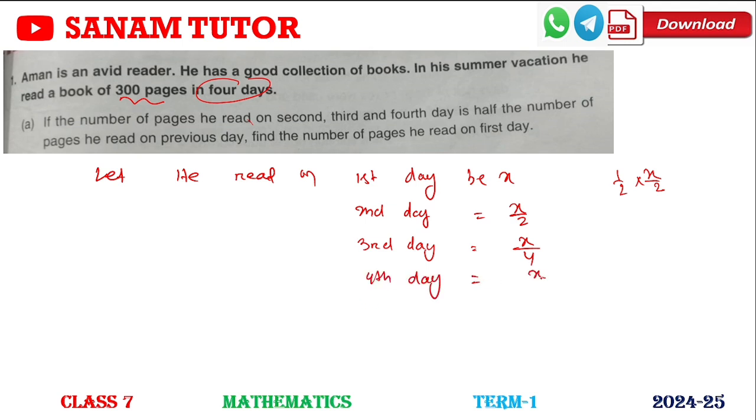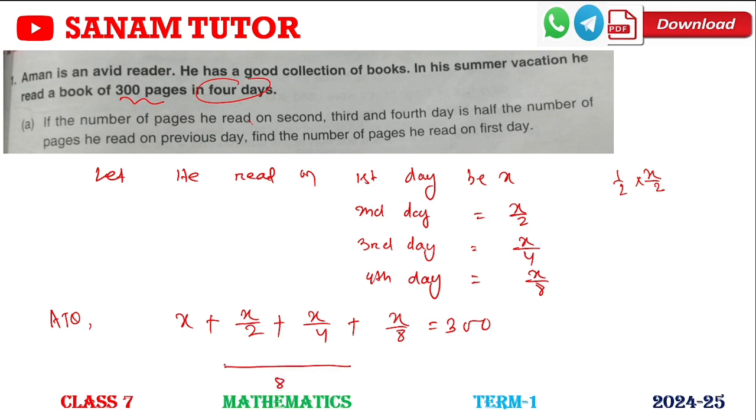Any doubt? Now, according to the question, we can write X plus X by 2 plus X by 4 plus X by 8 equal to 300, because the sum of the 4 days equals 300 pages. So take LCM as 8. So 8X plus 4X plus 2X plus X equals 300.